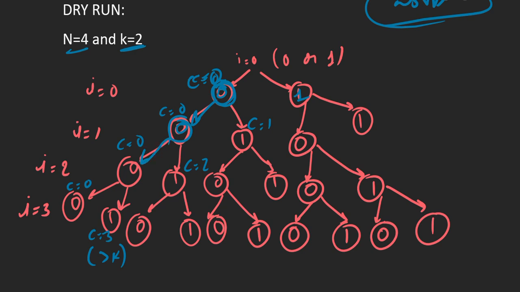Then again we put 0, and again we put 0. Now we reach index equal to length, and our cost is also not greater than k, so we store this string, 0000, in our answer.